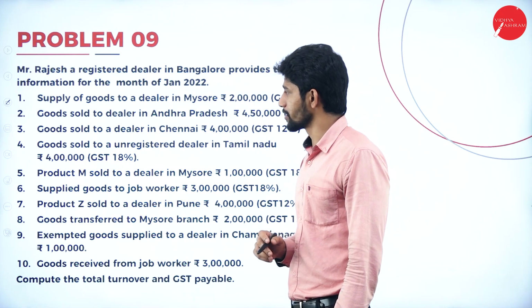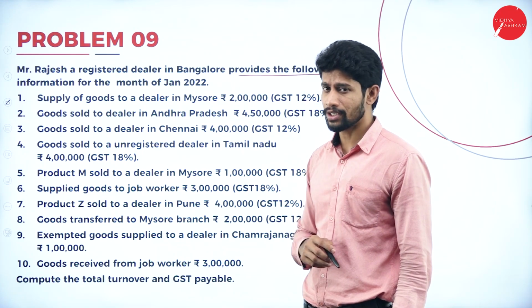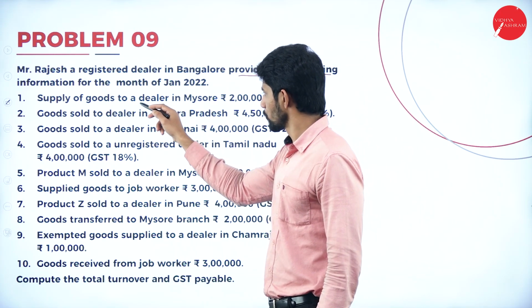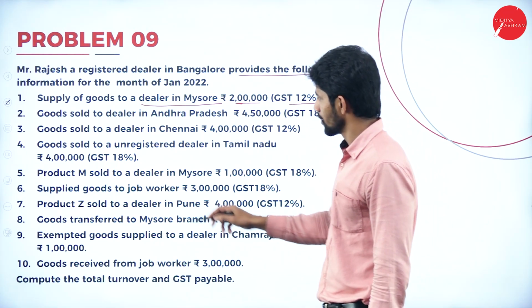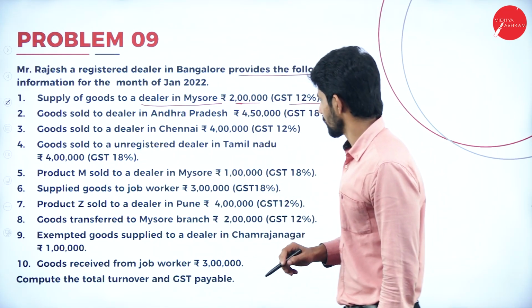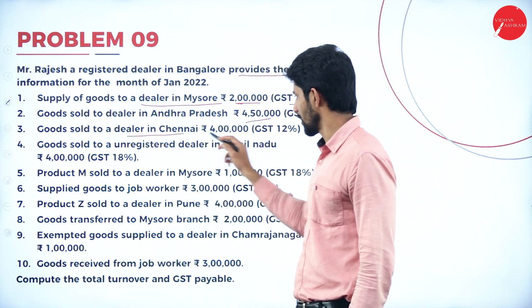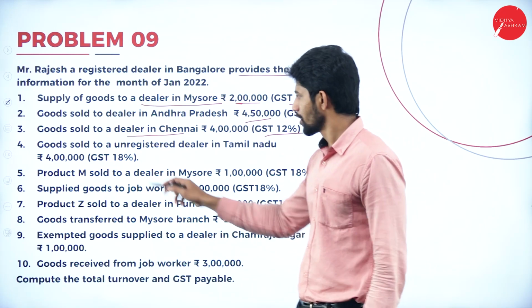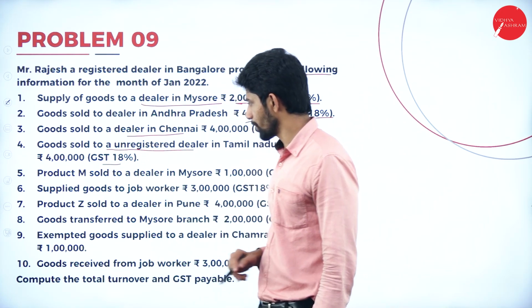Mr. Rajesh, a registered dealer in Bangalore, provides the following information for the month of Jan 2022. Supply of goods to a dealer in Mysuru, 2 lakhs, 12%. Supply of goods to a dealer in Andhra Pradesh, 4 lakh 50, 18%. Goods sold to a dealer in Chennai, 4 lakh, 12%. Goods sold to unregistered dealer in Tamil Nadu, 4 lakhs, 18%.